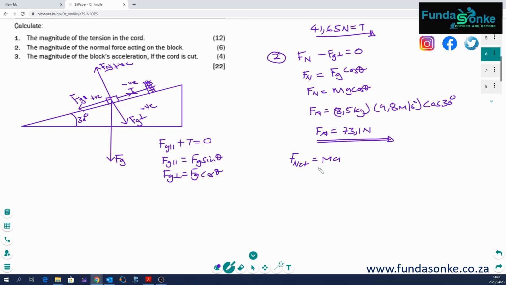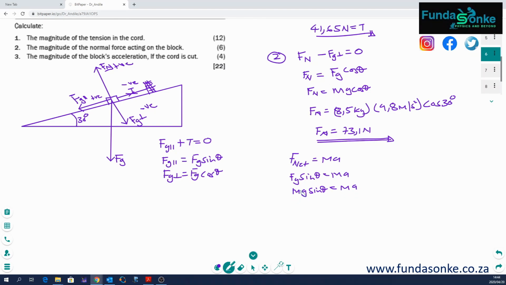Okay, so therefore our force net is just Fg parallel, which is given by Fg sine theta is equal to our mass times our acceleration. Okay, which is just our mg sine theta, which is equal to our mass times acceleration.